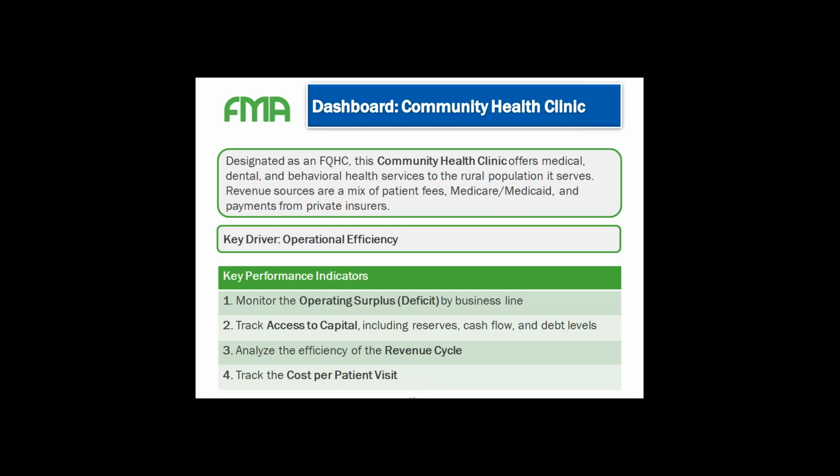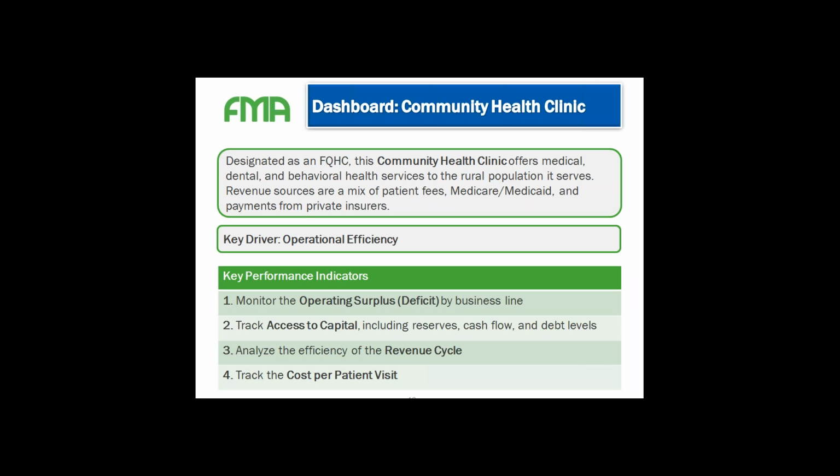So we want to make sure that we're operating in the most efficient way. There's also an element of facilities. If you run a health clinic or any type of organization that requires capital, you want to keep your eye on whether you have the reserves you need, the cash flow, and the debt level that may be required in order to carry the facilities.